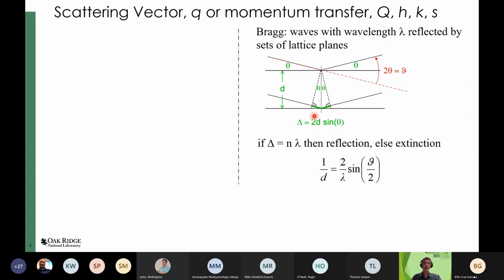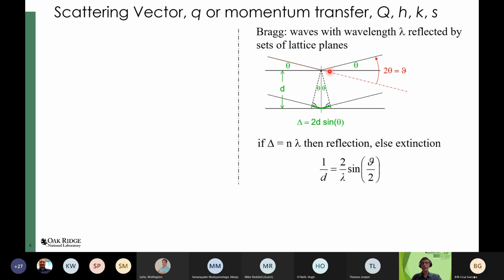So to recall, Bragg diffraction is described as reflection by lattice planes. That is a theoretical construct to help with understanding diffraction, and it works quite well. In this case, you have your incoming beam and a reflected beam.